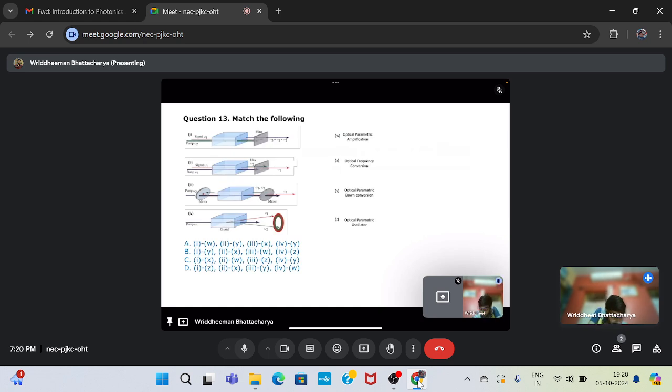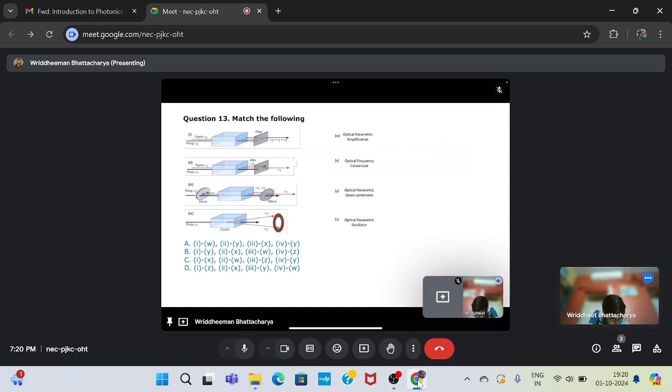Now match the following. So these are the figures, and we have to solve for these.